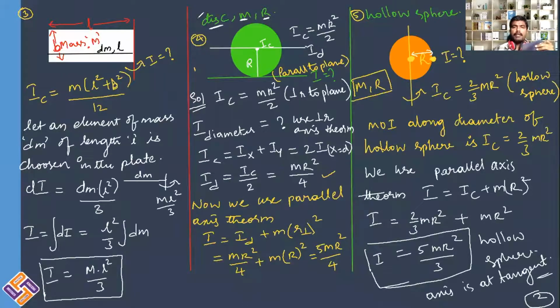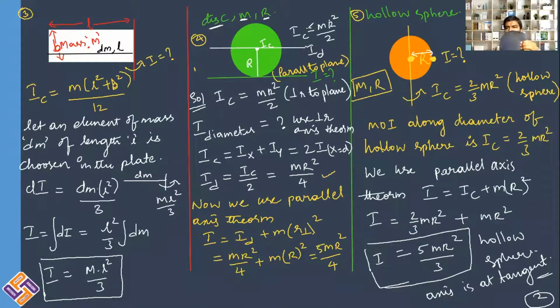Students, example number 4, which I have taken here, is drawn two-dimensionally, but a three-dimensional picture should be there in your mind. You are asked to find out moment of inertia with respect to axis at one of the tangents. Let me imagine that this is a disk. It will be a circle. This is an uneven shape, but actually it should be a circle.